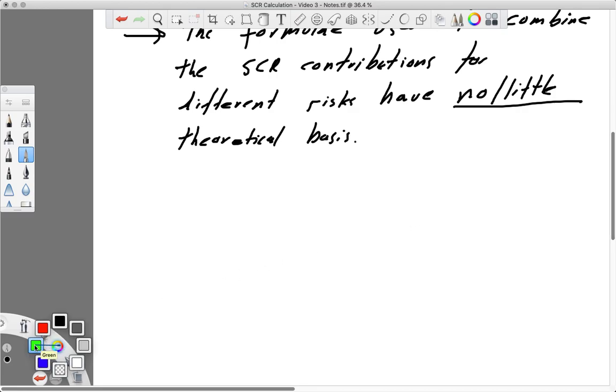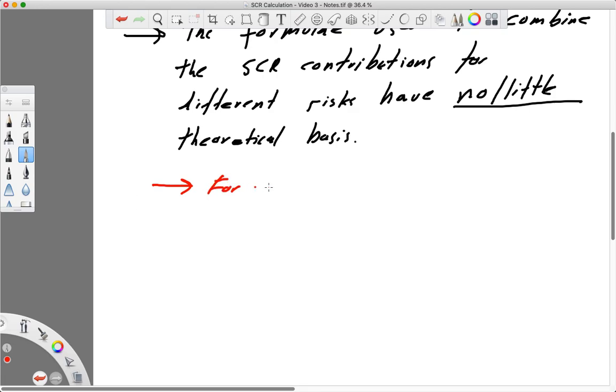Well, basically the kind of correlation formulae you'll recognize from the formula for the variance of two random variables.